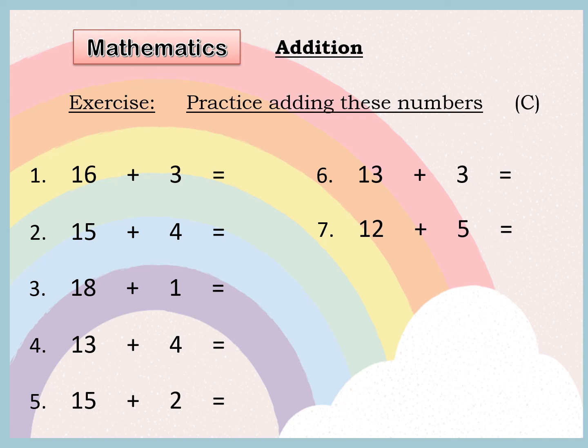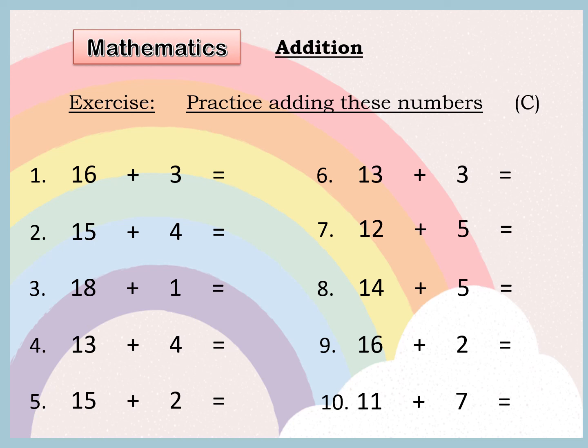Next, we have number 8, 14 plus 5 equals. Number 9, we have 16 plus 2. And the last number is number 10, we have 11 plus 2.